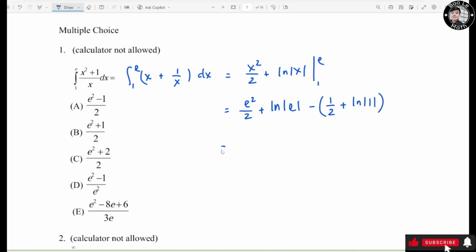So it's going to be e squared over 2 plus 1, minus 1 half. This guy equals 0. So it will be (e squared plus 1) over 2. So the answer must be B.